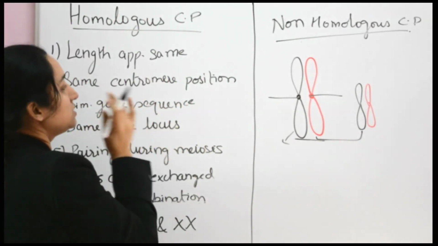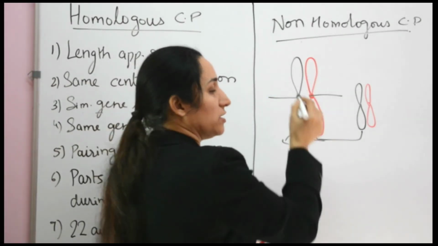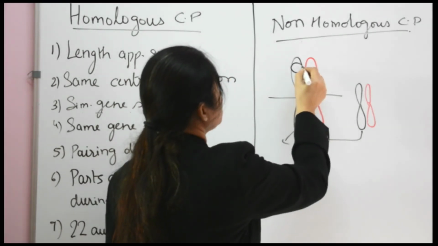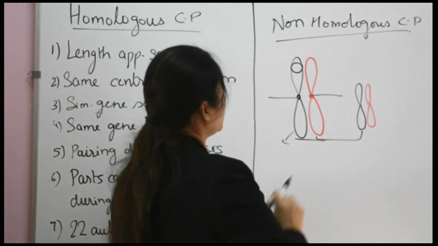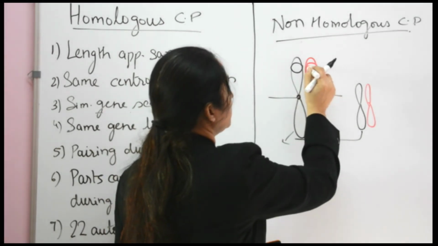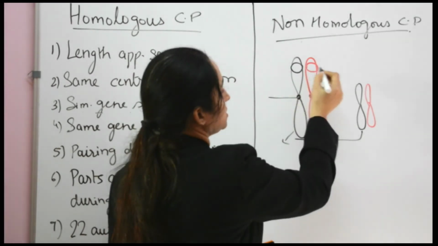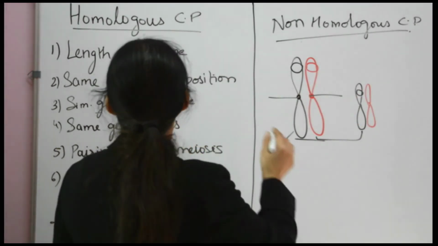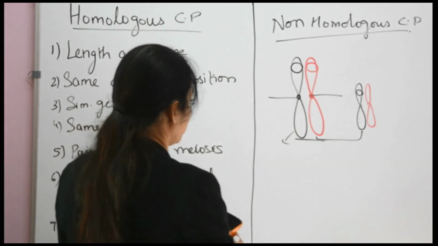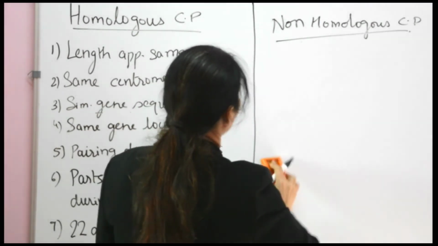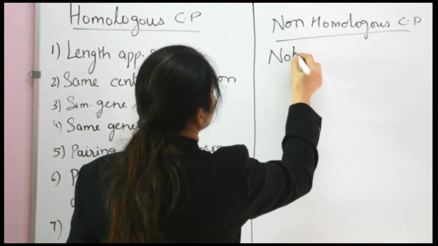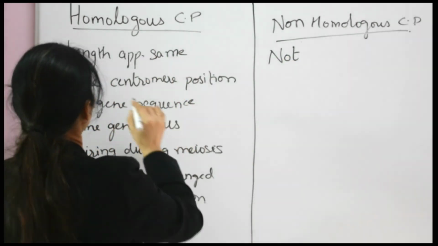The next one is gene sequence. As I have already discussed, the gene sequence of a homologous pair is the same and the gene locus is also the same, while the gene sequence and gene locus of non-homologous chromosomes are different. So the approximate length of homologous chromosomes is the same, but the approximate length of non-homologous chromosomes is not the same.